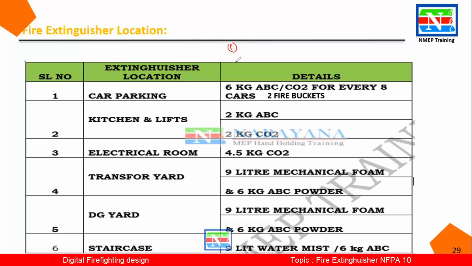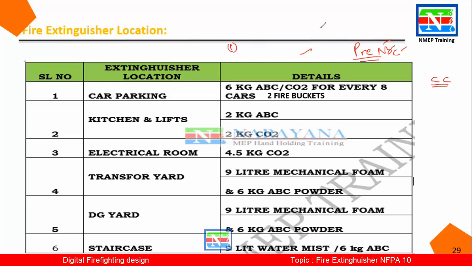Similar thing in fire, they will give pre-NOC. I think you might have heard this term. It is no objection certificate. This will be given before the execution. After completing, they will give the completion certificate, CC. For pre-NOC, you need to submit drawings. This will be done by the consultant.